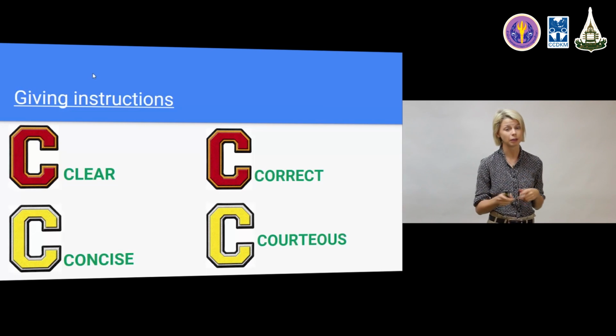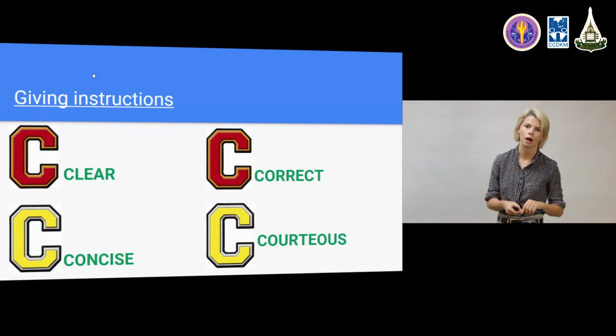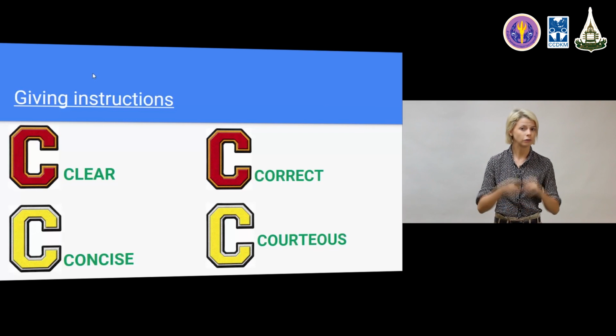2 new words maybe for you, a bit more advanced. Concise. When you give instructions, you must be concise. Don't speak too much. Make sure your instructions are short. Just give the important information.